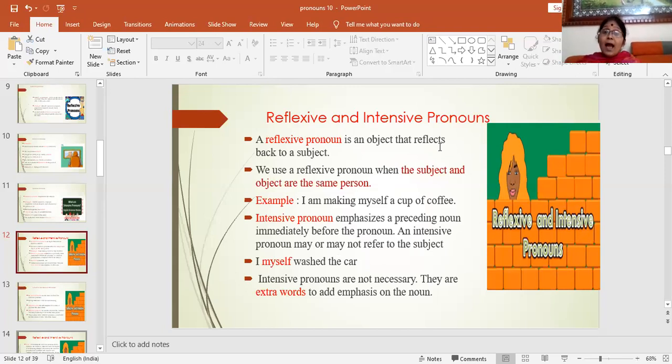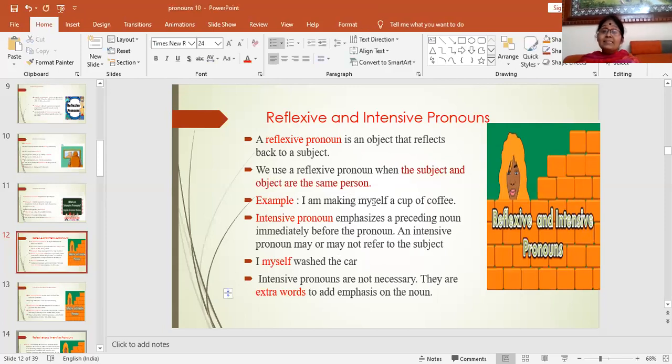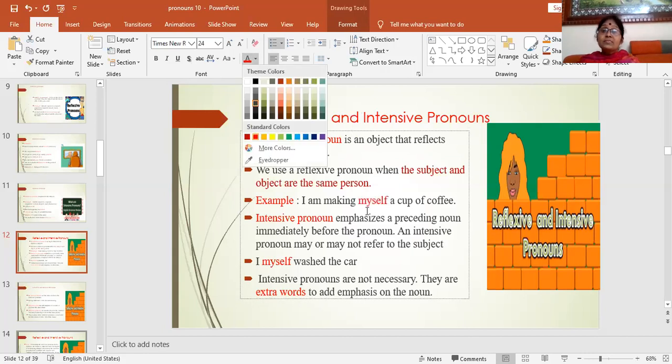Example: I am making myself a cup of coffee. The subject is me, the object is me, right? So this is called a reflexive pronoun, where the action is reflecting back to the subject.